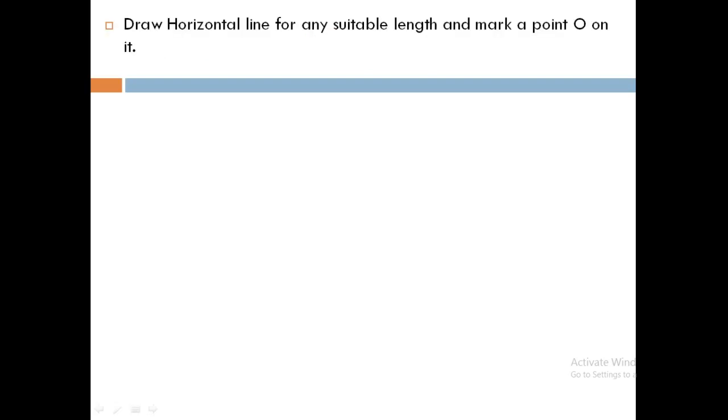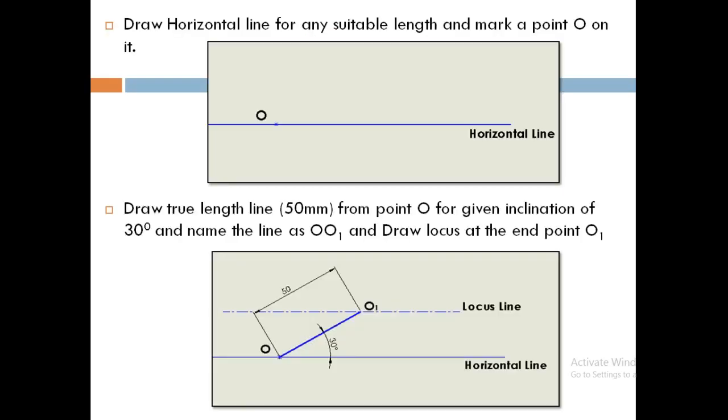The given inclination with respect to VP is 30 degrees. So I draw a line of 50 millimeter inclined at 30 degrees from the point O. Now name the end point of the line O1, and at O1 draw the locus line, which should be parallel to the horizontal line. So this is the second step.